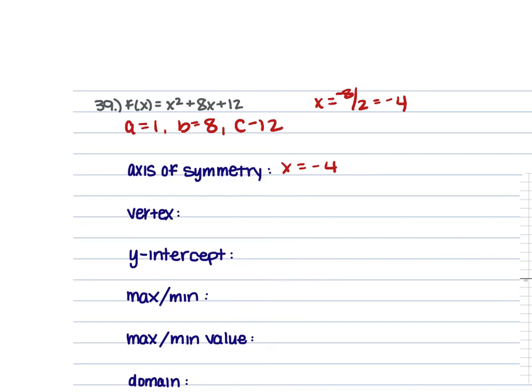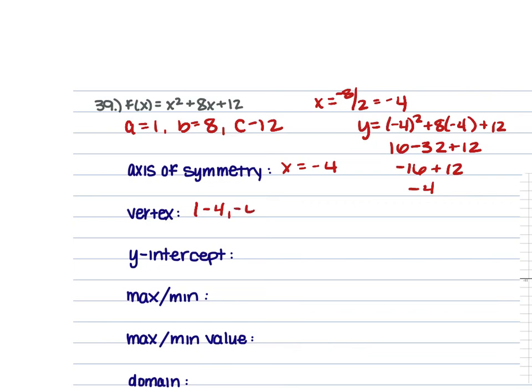Our vertex is going to be y is equal to negative 4 squared, which is 16, plus 8 times negative 4, which is negative 32, plus 12. So the 16 minus 32 is negative 16, plus 12 is negative 4. So that's negative 4, negative 4. We have a y-intercept of 0, 12.